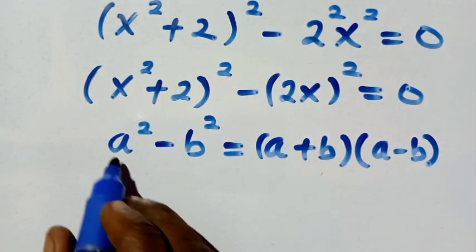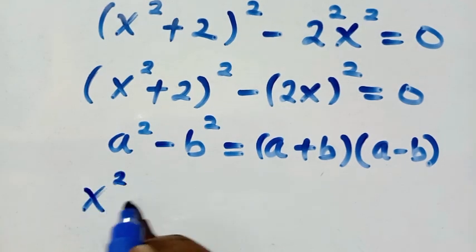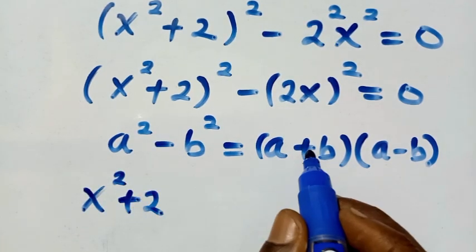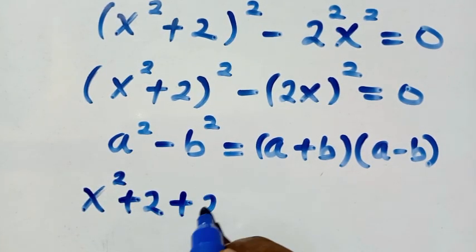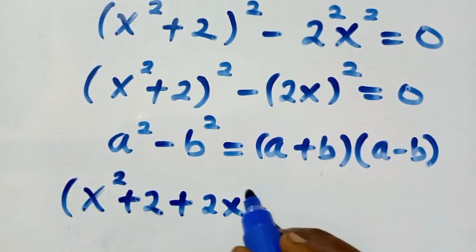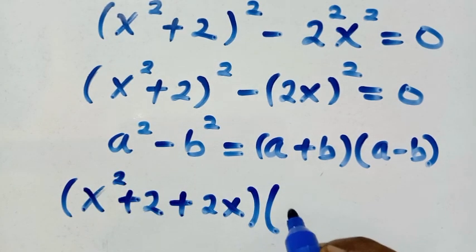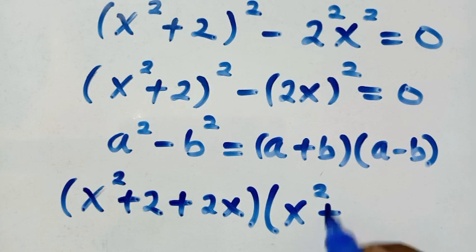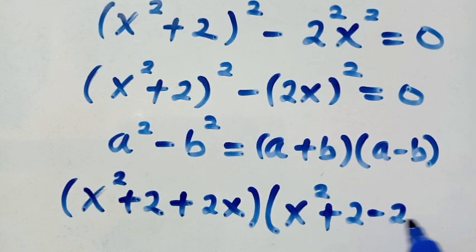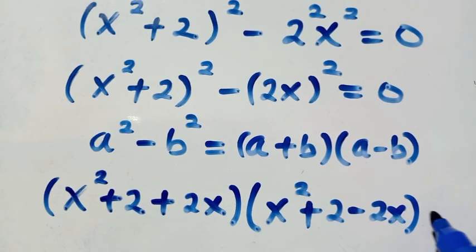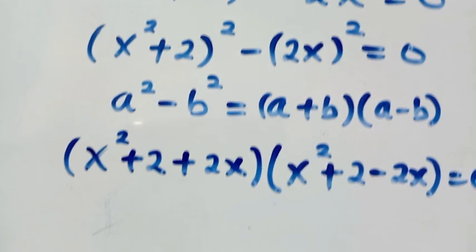By substituting, we have x squared plus 2 plus 2x, multiplied by x squared plus 2 minus 2x, and all this equals 0.